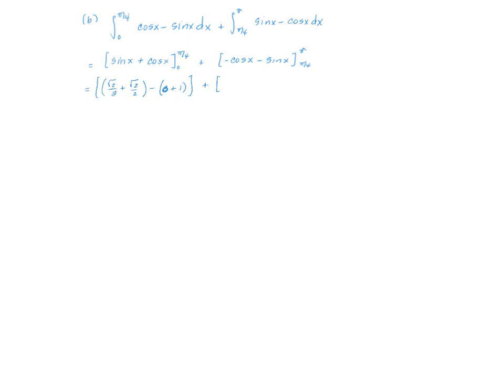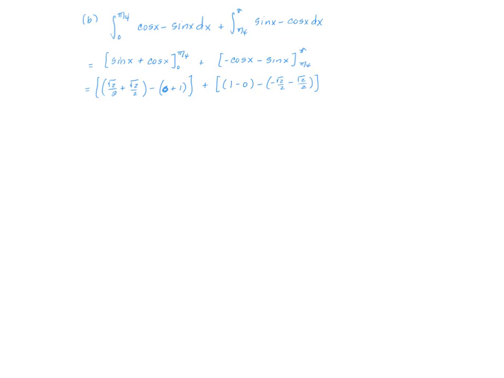Cosine of pi is negative 1, so this becomes a positive 1. And then sine of pi is 0. So 1 minus 0, minus negative cosine of pi over 4, which is negative square root 2 over 2, minus sine of pi over 4, which is square root 2 over 2.